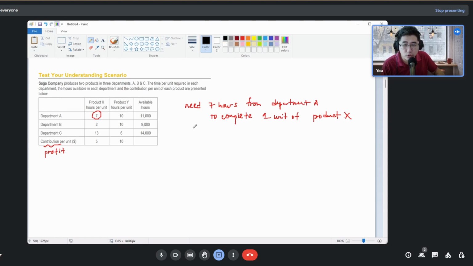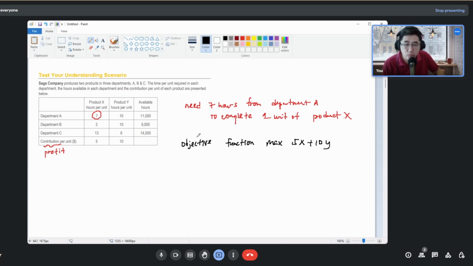So the objective function will be to maximize 5x plus 10y. That will be the objective function that we want.